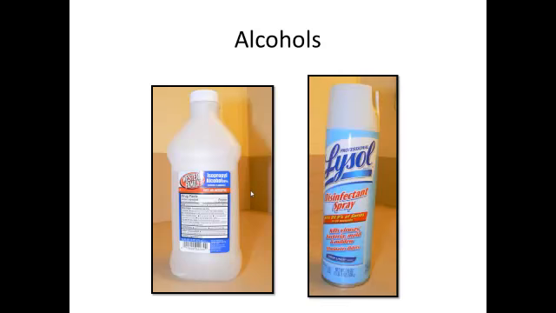If you take ethanol and use it in high quantities, such as in Lysol disinfectant spray, then that's much better as a surface disinfectant. Alcohols act by disrupting cell membranes. Okay? They also dehydrate cells. So those two things, pulling water out of cells and busting up the cell membrane, is how they kill.